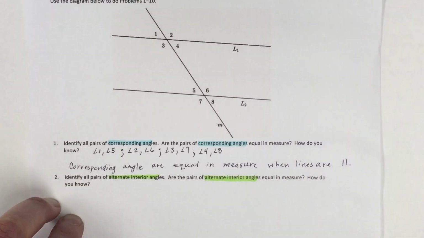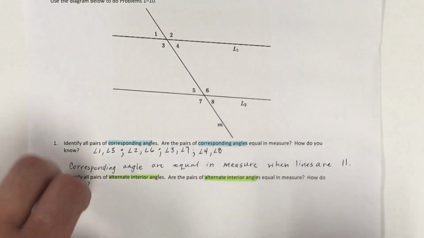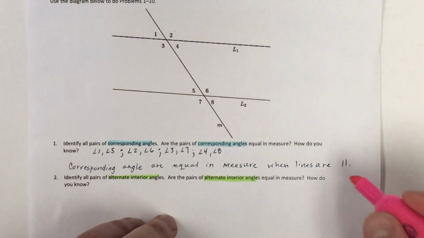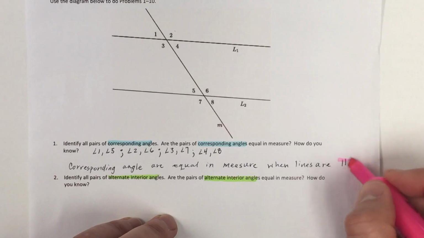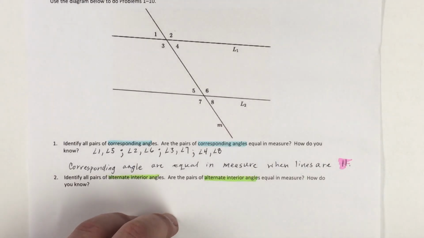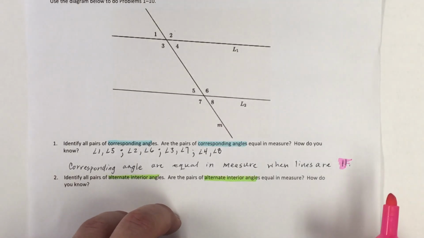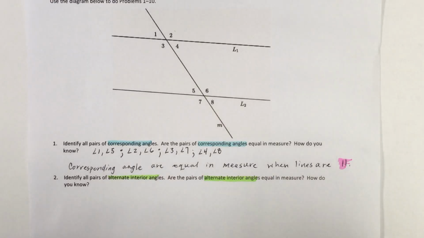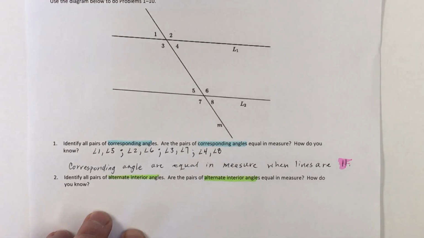So it's huge to know that we have parallel lines. We have a lot of results that we can infer because of that. And so this idea becomes super important. You might want to pause the video just to update your definition of corresponding angles.